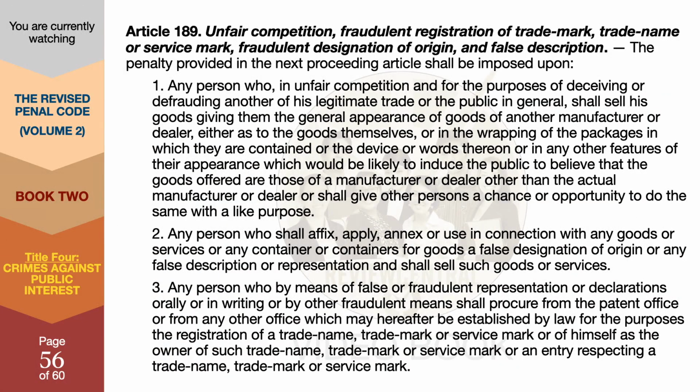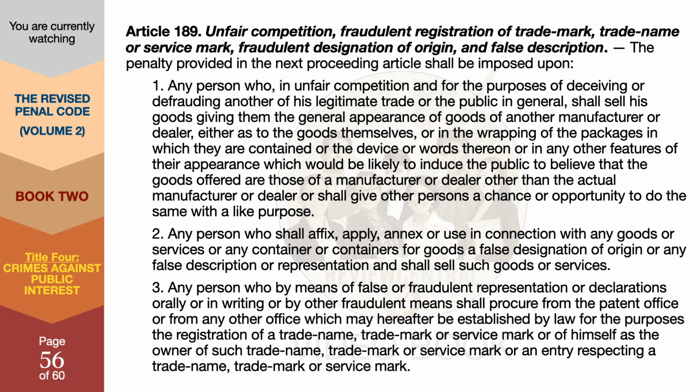Article 189. Unfair competition, fraudulent registration of trademark, trade name or service mark, fraudulent designation of origin, and false description. The penalty provided in the next preceding article shall be imposed upon 1.